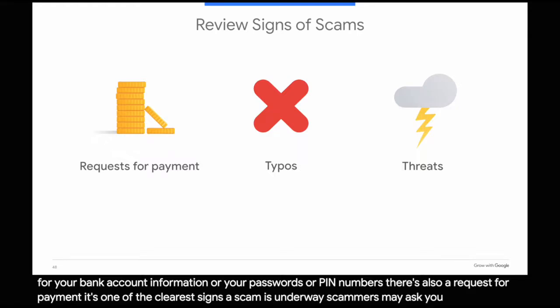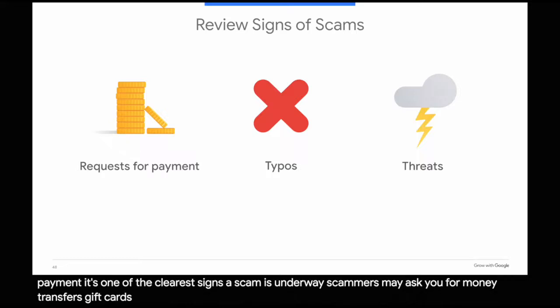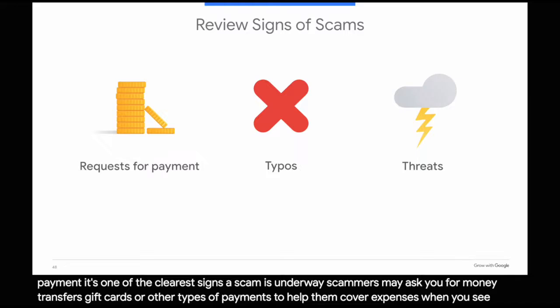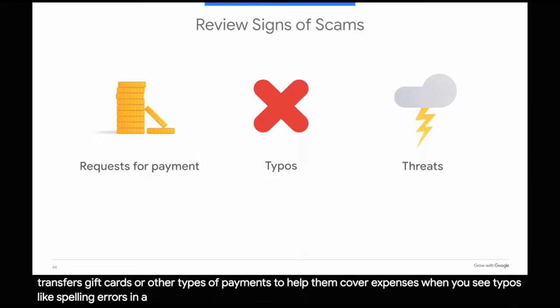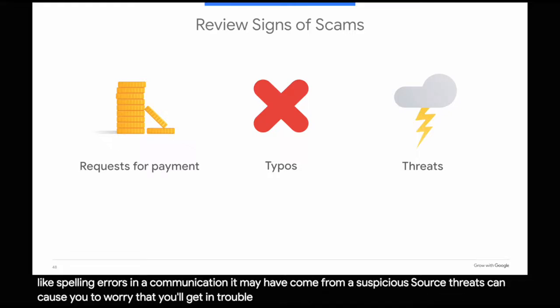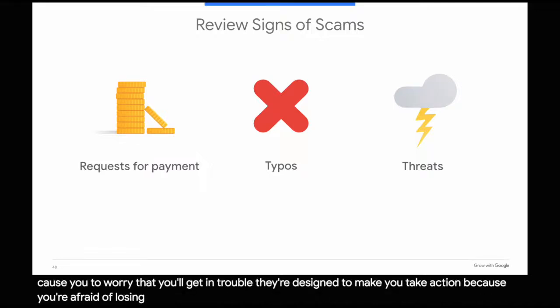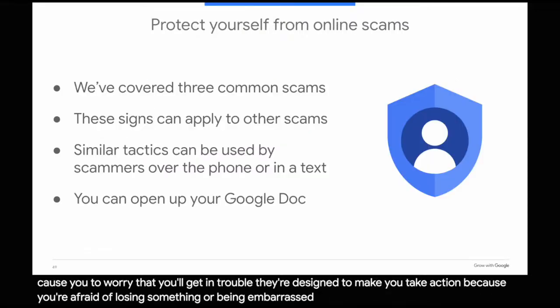Scammers may ask you for money transfers, gift cards, or other types of payments to help them cover expenses. When you see typos like spelling errors in a communication, it may have come from a suspicious source. Threats can cause you to worry that you'll get in trouble. They're designed to make you take action because you're afraid of losing something or being embarrassed.